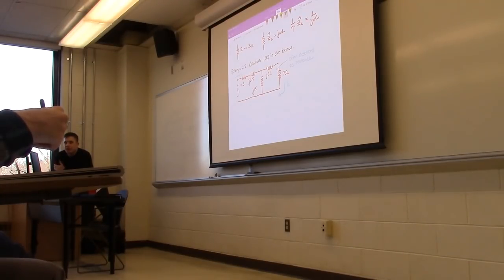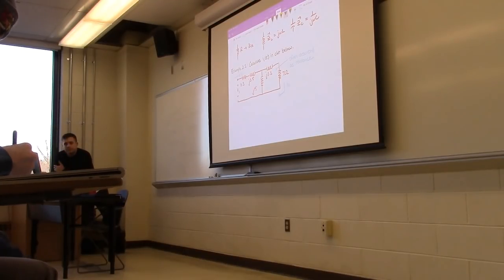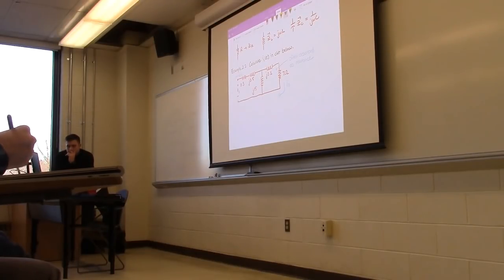How would you tackle this? Yes. Get the series equivalent for that parallel combination. That way we can get the voltage at that node, which makes it easier to find I2, and then we can add them all up to get I1.